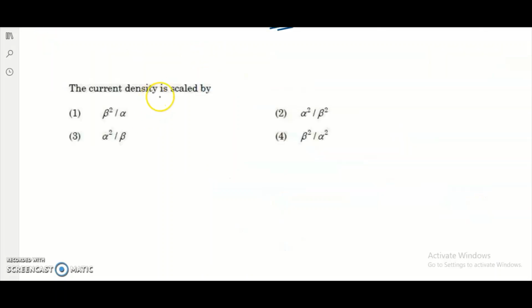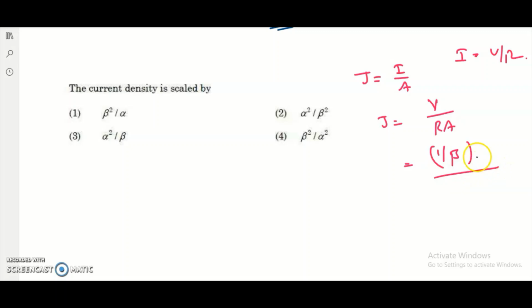And now in this question, they are asking about the current density being scaled by. Generally the current density formula is J equal to I divided by A, and I can be written as V by R. So V divided by R into A. V is a power supply, so it has to be scaled by 1 divided by beta, and R is a constant, so just leave that one.